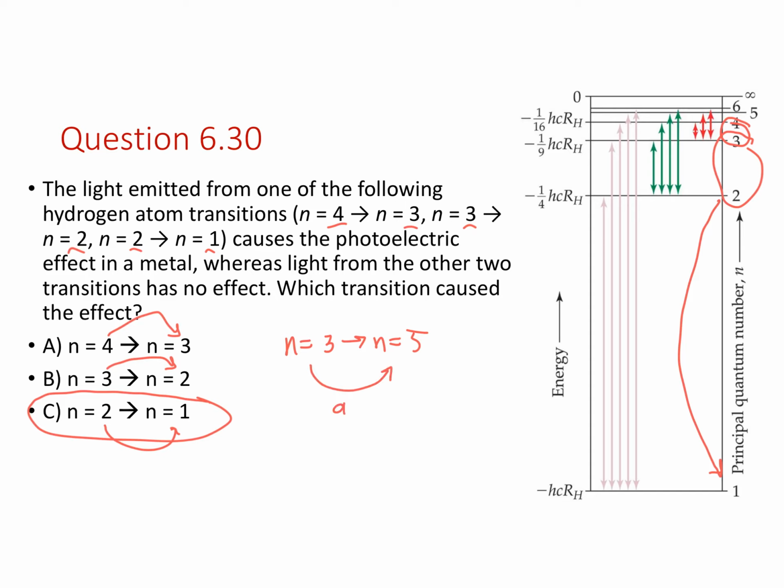This is absorbing energy. So something to think about in further questions that are like this of, is the transition going in the right direction for what I'm looking for? Am I absorbing energy or am I releasing energy?